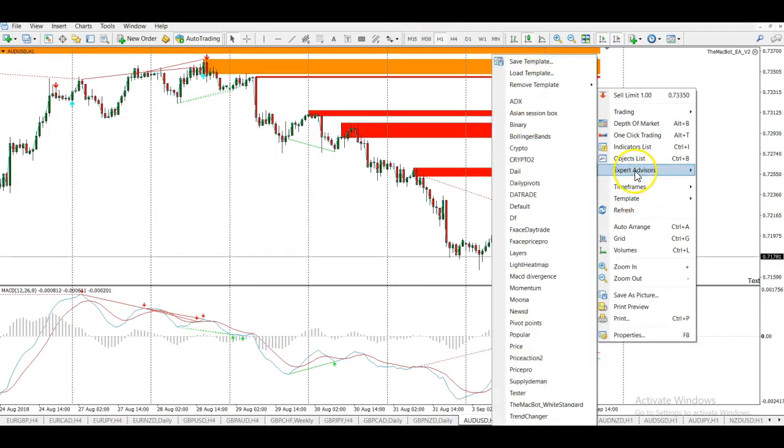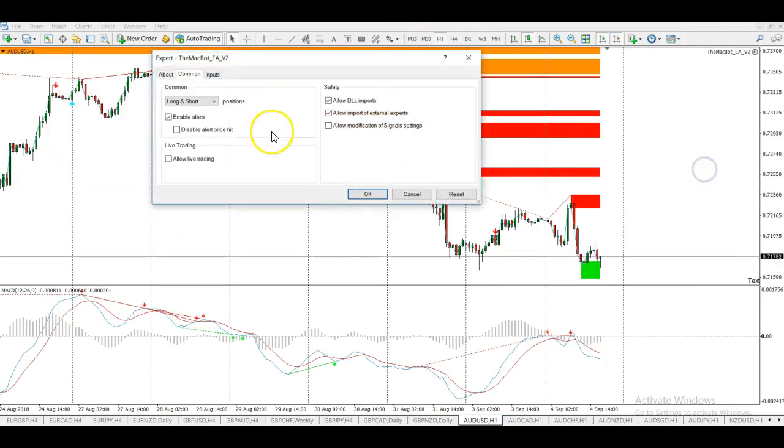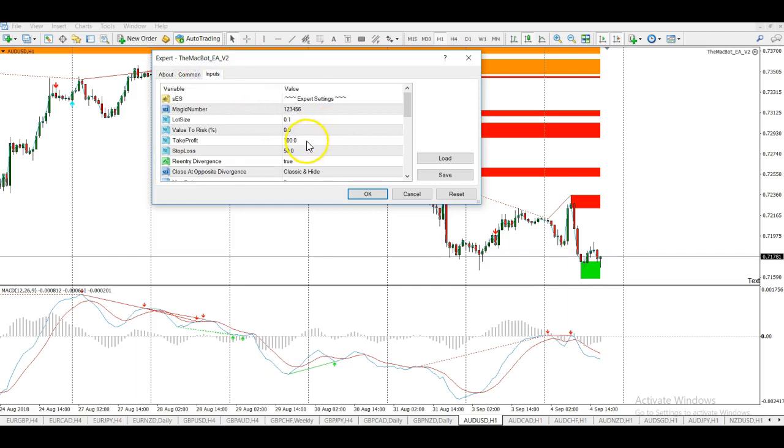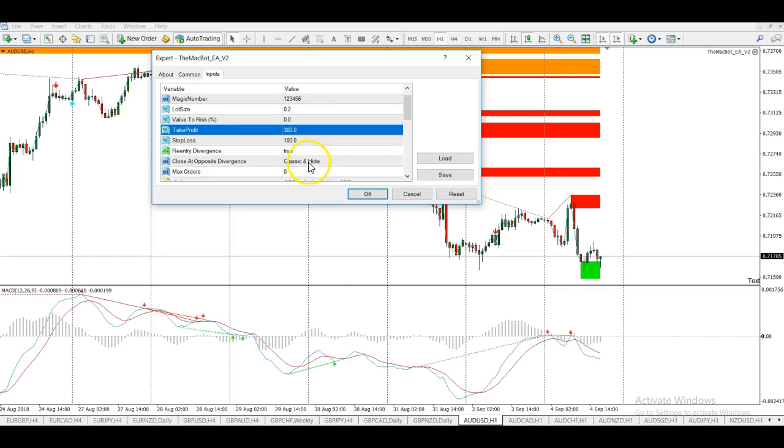Okay, template, experts. So long only, allow live trading, inputs. Stop loss will be 100 pips, which is under that area. Because it's a bigger trade we'll do 0.2, and take profit will be 300 pips. Divergence, close it classic.